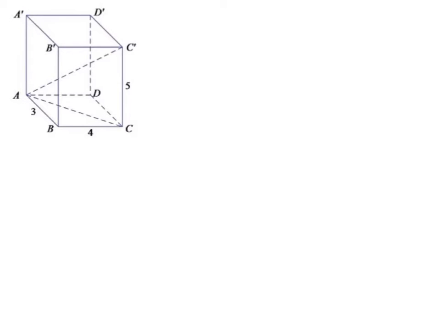Well, no, we can't do that, because any line through B that's perpendicular to this base is line B, B prime. Here's my base. To draw a line perpendicular to this base through this point is that line. There's only one way to make a perpendicular line through a plane.